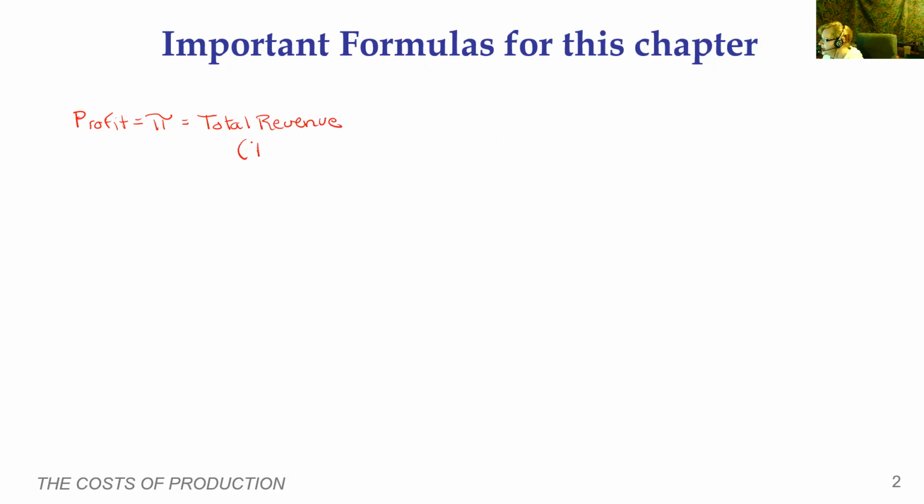And that would be TR, minus total cost, which would be TC. Now we know and we've studied total revenue is equal to price, P, times quantity.